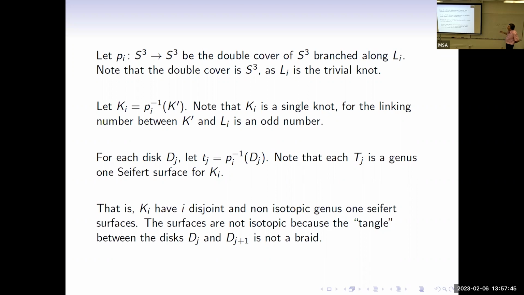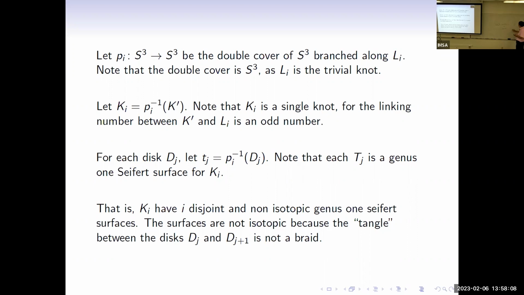And also here we have the preimage of a disk intersecting another 2 points. The preimage of this one is a genus 1 surface.